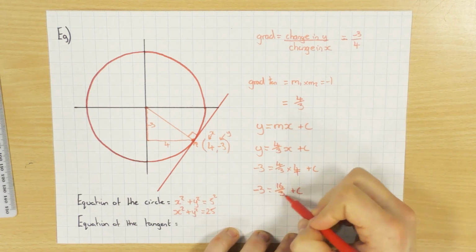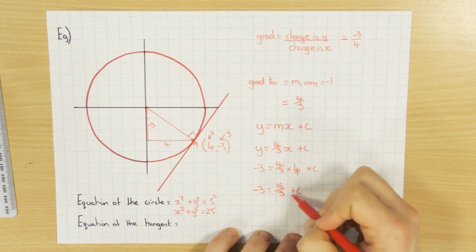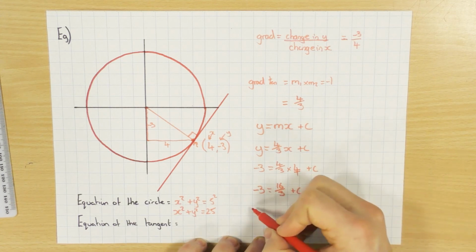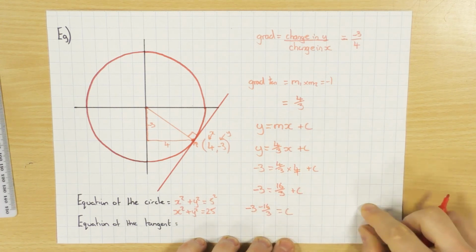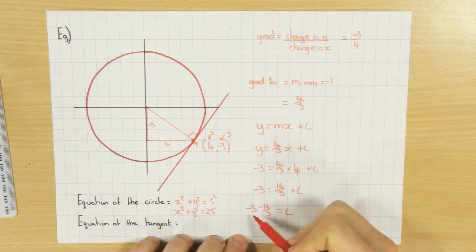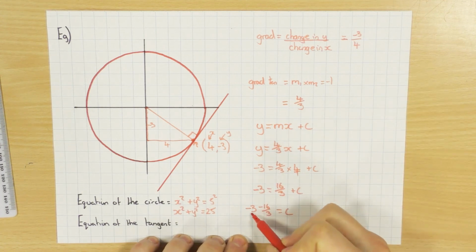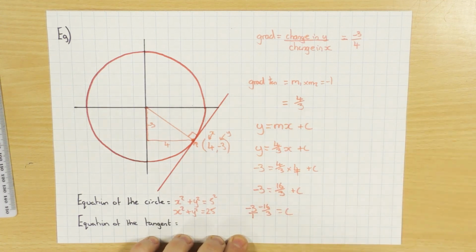All I need to do now is just minus this 16 over 3 from this side. So minus 16 over 3 from both sides. That leaves me with minus 3 minus 16 over 3 equals my y-intercept. Just as before, I need to subtract these, so I'm going to think of minus 3 as a fraction, so minus 3 over 1. But again, before you add or subtract fractions, your denominator needs to be the same.